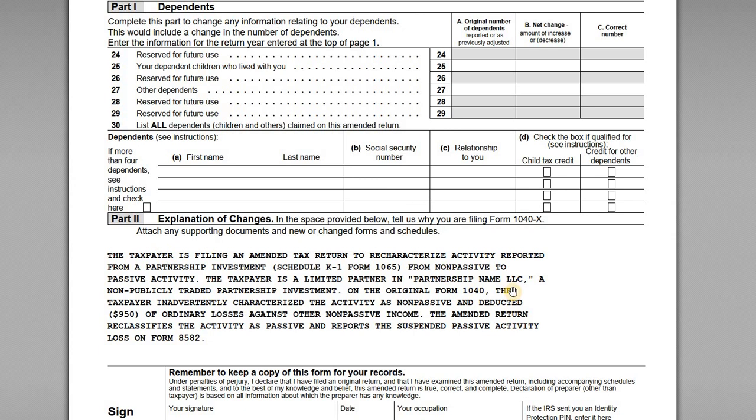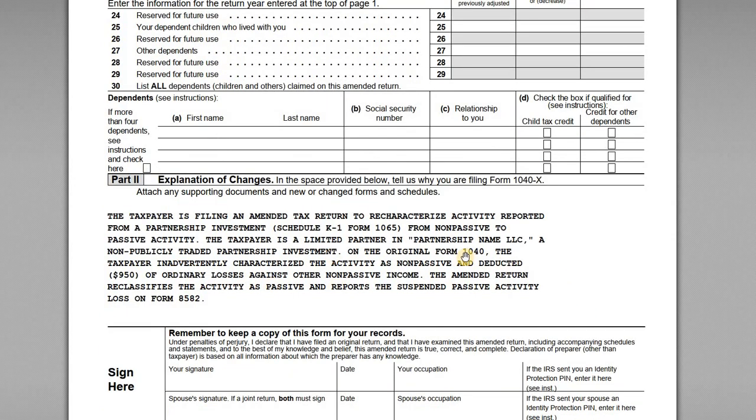We just have to do page 2, part 2, an explanation of the changes. Here we lay out exactly what happened and the changes that we made. We're filing an amended tax return to recharacterize activity that was reported from a partnership investment from non-passive to passive activity. Taxpayer is an LP in a partnership, partnership name LLC, a non-publicly traded partnership investment. The reason we want to highlight it's not a PTP is because PTPs get their own separate basket.